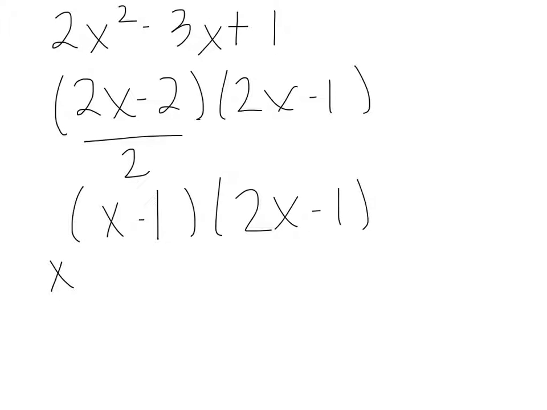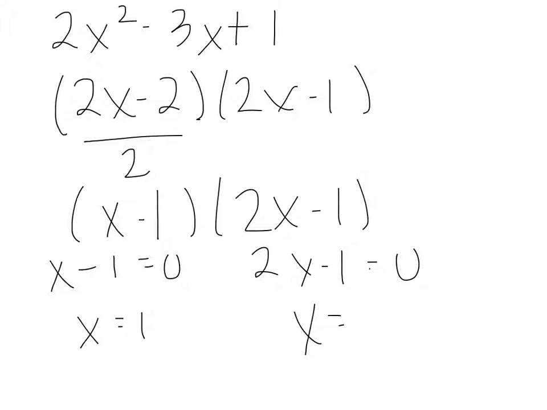So we're going to get x minus 1 equals 0. X is equal to 1. And then we're also going to set this equal to 0. And then we are going to get x is equal to half.